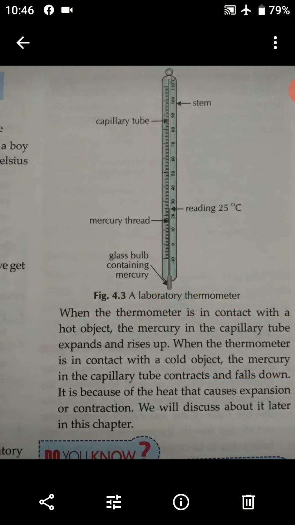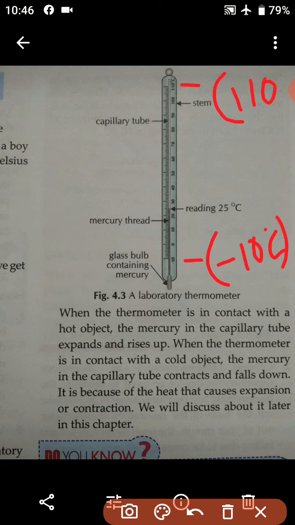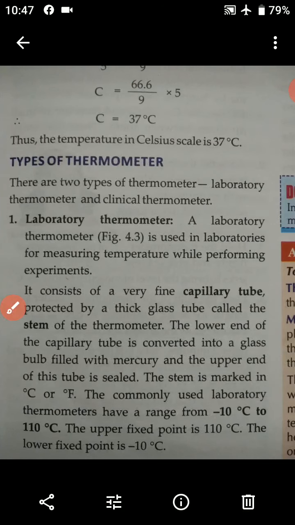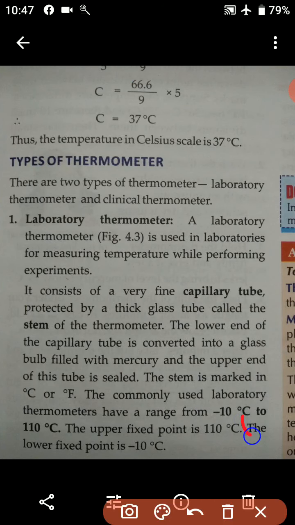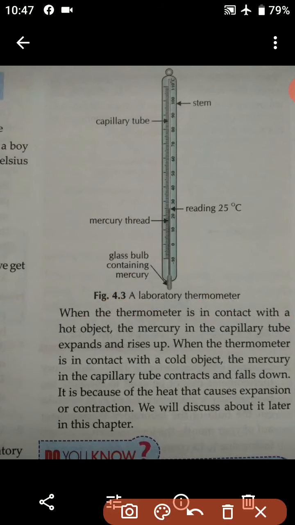So students, this one is the lower end and it is marked up to minus 10 degrees Celsius, and it is the upper fixed point and this is marked up to 110 degrees Celsius. Okay. So the lower fixed point is minus 10 degrees Celsius. So students, we have already understood about this. The lower fixed point is minus 10 degrees Celsius.